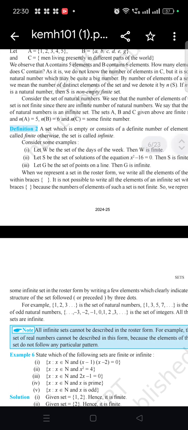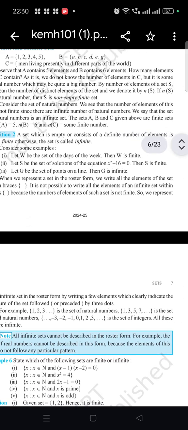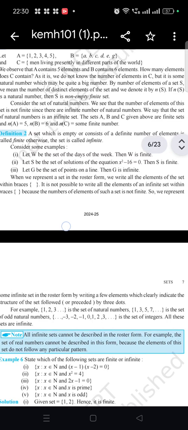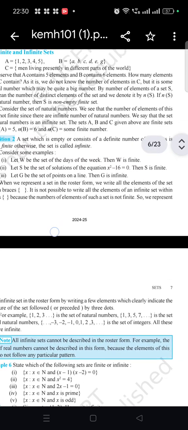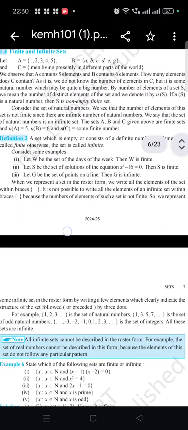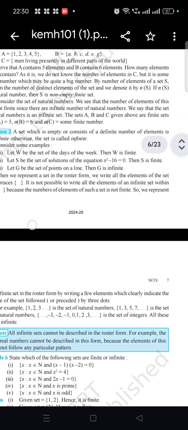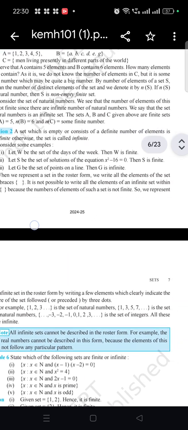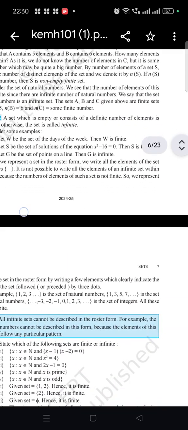When we represent a set in roster form, we write all the elements of the set within braces. It is not possible to write all the elements of an infinite set within braces because the number of elements of such a set is not finite.